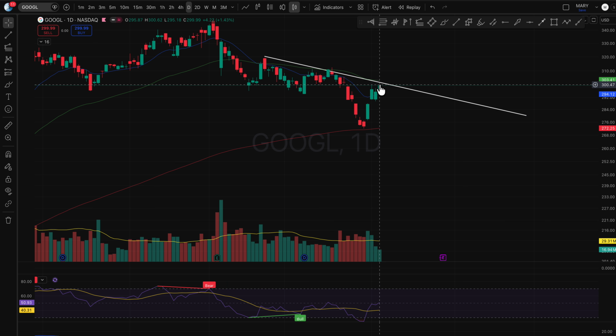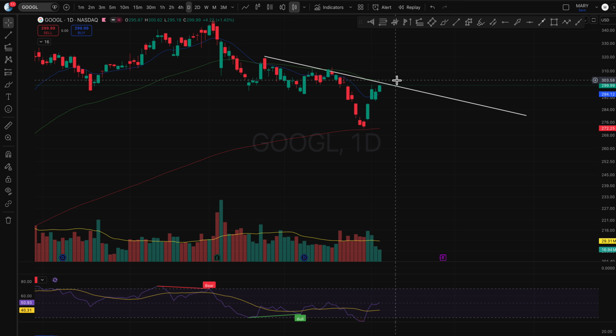So if you do have a resistance at 301, keep in mind we do have another local resistance, which is the 50 MA at 303. So 301 to 303 will be your possible resistance. This is a critical area for Google.